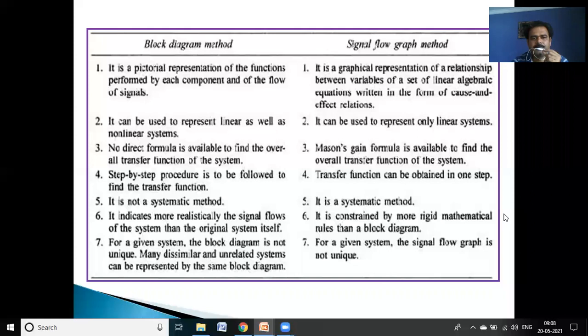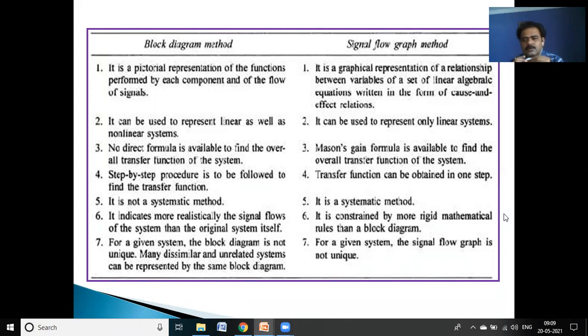Coming to the second one, it can be used to represent linear as well as non-linear systems. So we know what is a linear system and what is a non-linear system. This block diagram representation can be used for both linear as well as non-linear systems. Signal flow graph can be used to represent only linear systems.